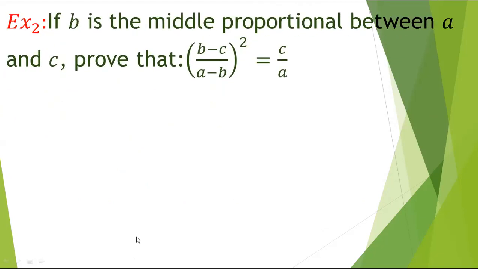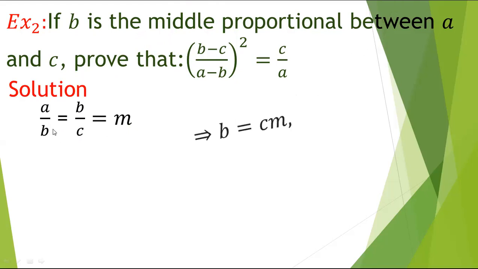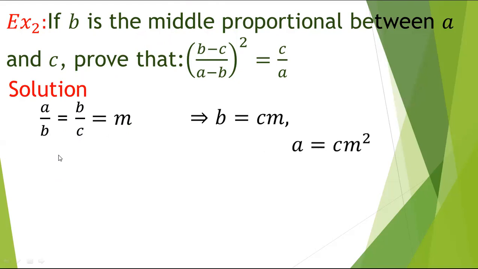Example number 2. If B is the middle proportion between A and C, then we can write the letters A, B, and C. Then A over B equals B over C equals M. Then B equals Cm and A equals Cm power 2, and this is the key.